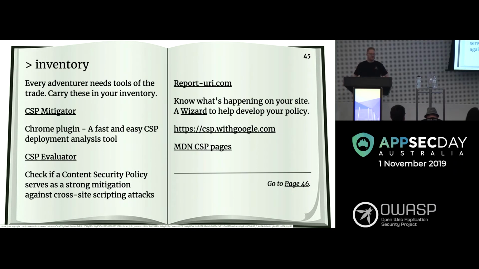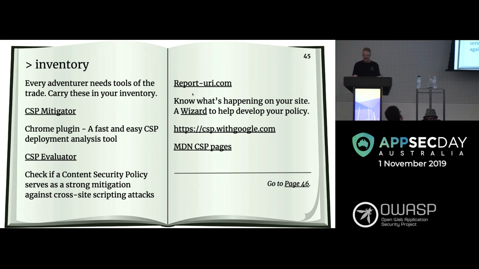So what's in your inventory now? What have you taken away as an adventurer? Well, I didn't introduce these two left-hand tools, but they are tools that you can use to help figure out what content security policy might work for your website. With the evaluator, you paste your policy in and it'll say, actually, this is not as strong as you think it is.